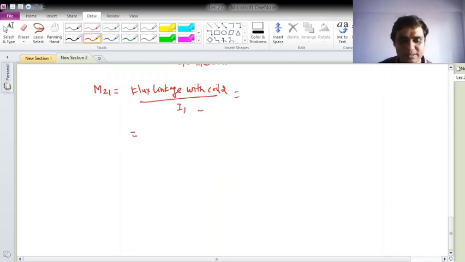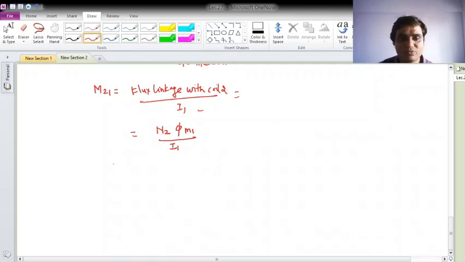This can be written as N2, the number of turns in coil 2, into the flux produced by coil 1 because of the flow of current I1 in coil 1.